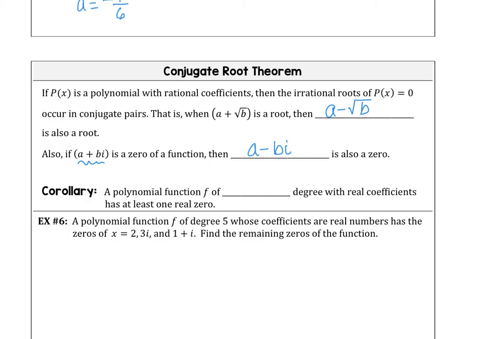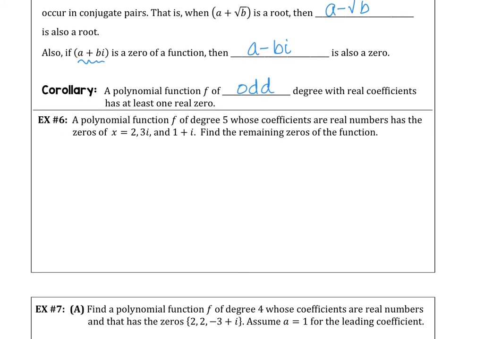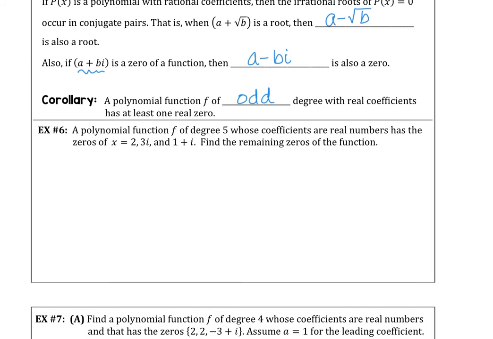A polynomial function f that's odd degree with real coefficients is going to have at least one real zero. In example 6, a polynomial function f of degree 5 whose coefficients are real numbers has zeros at x equals 2, x equals 3i, and x equals 1 plus i.